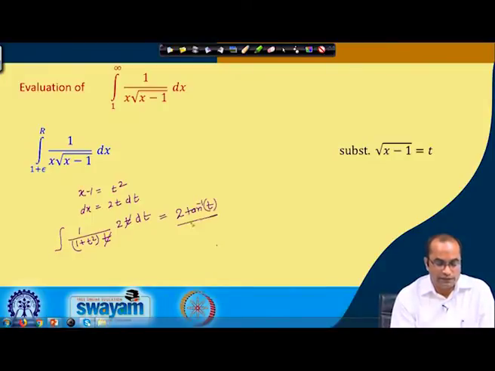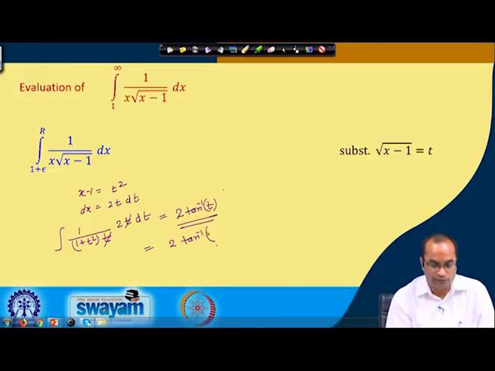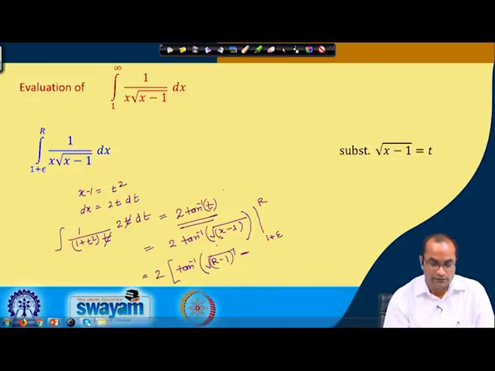So this is 2 tan inverse t. That is the value of the integral, and now we can put the limits back. So here 2 tan inverse of t, where t was the square root of x minus 1, with limits from 1 plus epsilon to r. Putting these limits here, we get 2 times tan inverse of the square root of r minus 1, minus tan inverse, where x is replaced by 1 plus epsilon.